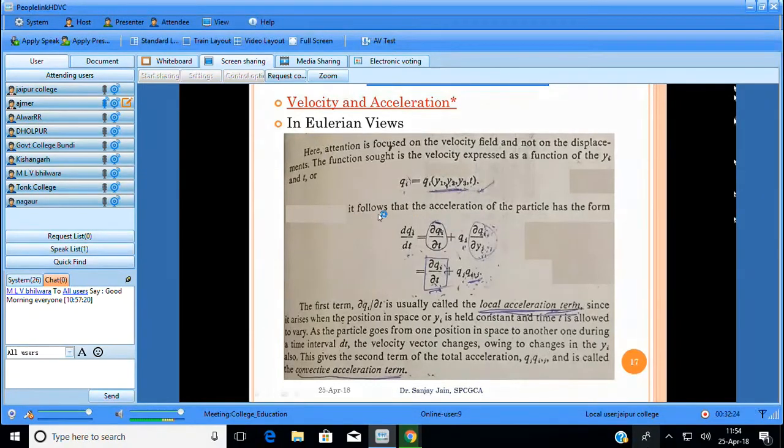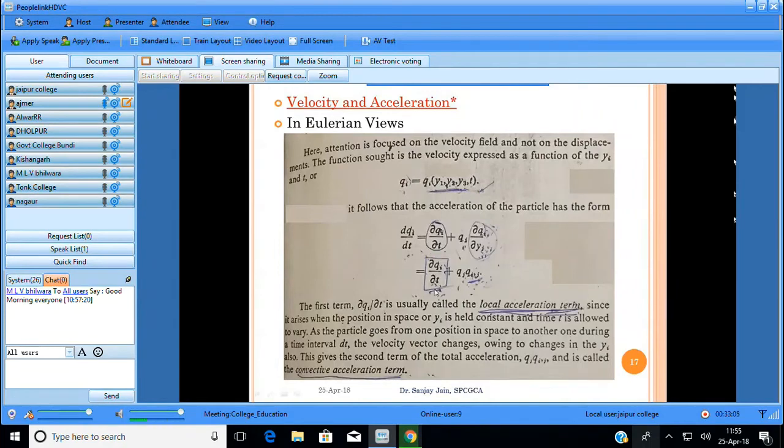So what we are doing here is partially differentiating velocity, the full derivative, using the co-moving derivative which we studied in the previous slide. Del by del t, the property is qi, velocity here: del qi over del t plus qj del qi over del yj. We have substituted the property qi here in the co-moving derivative. So this q is the same; in continuum mechanics this may be written as qi comma j.